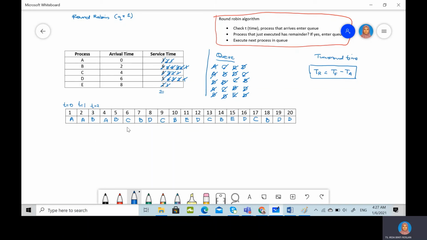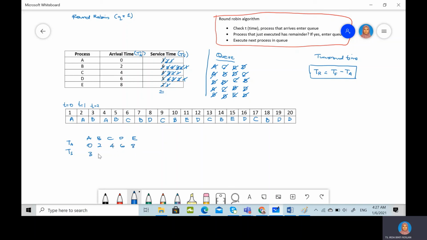So we can list all of this again. I'll list it like this: A, B, C, D, E. The arrival time, I simply put it as T A. Service time is T S. So this is T A, T S. The arrival time: 0, 2, 4, 6, 8.